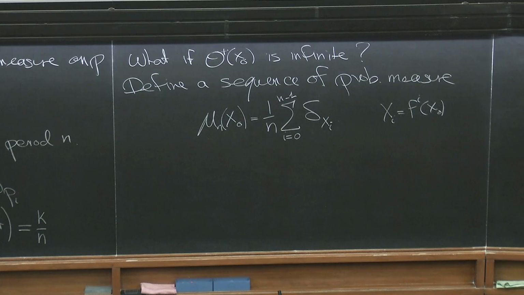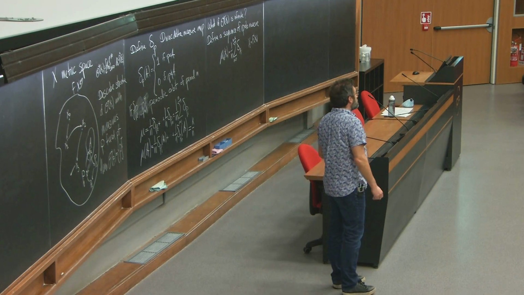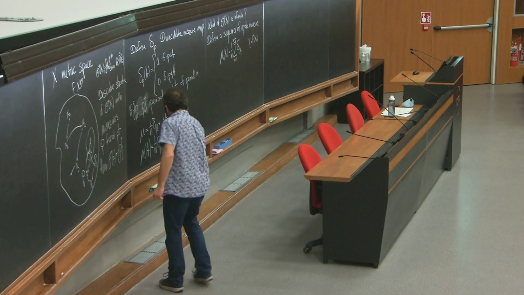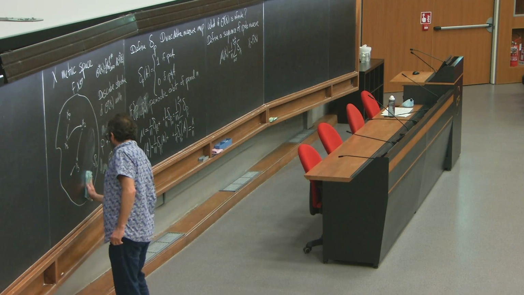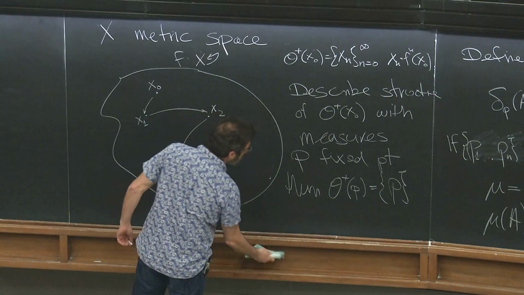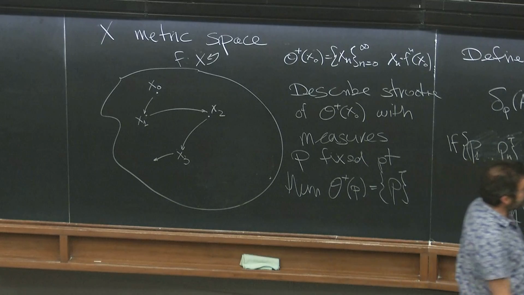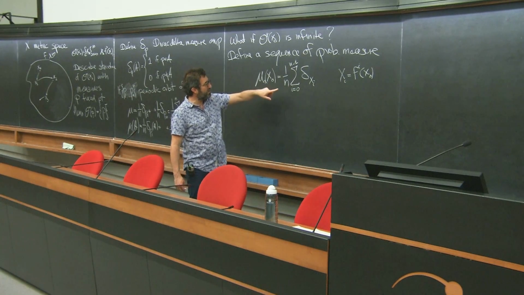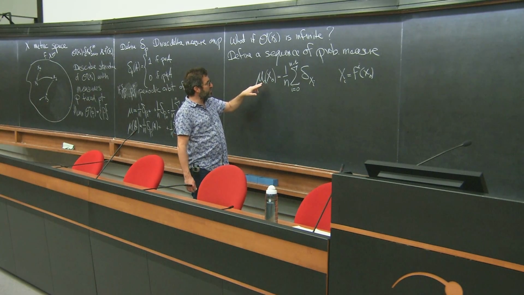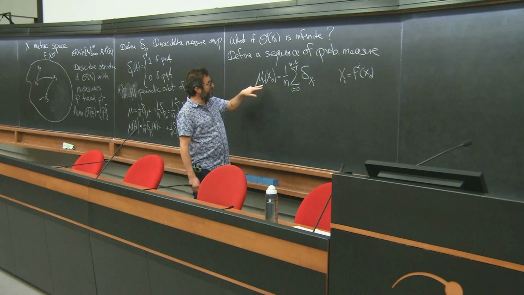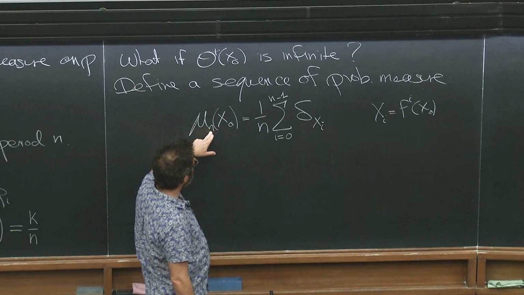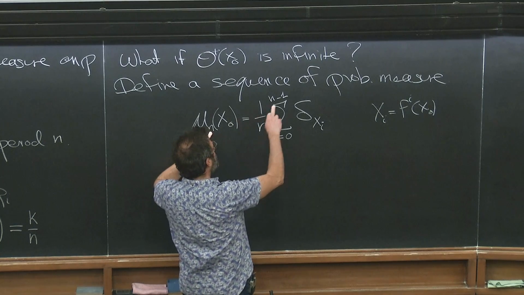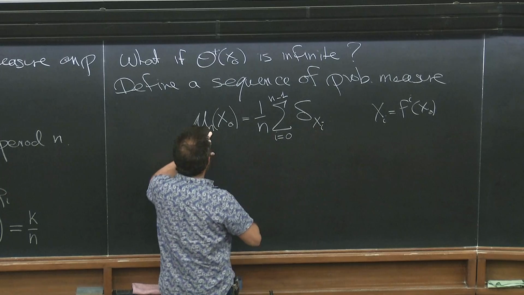So this measure in itself does not have much meaning. Let's forget about these periodic orbits that we have here. For n equals 0, it is not quite defined. Let's say for n equals 1, the indexing is not exactly right here, but for n equals 1 we have just delta in x naught.